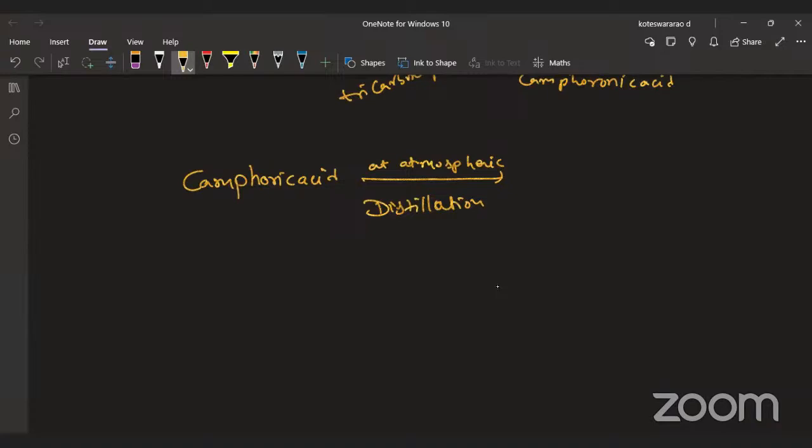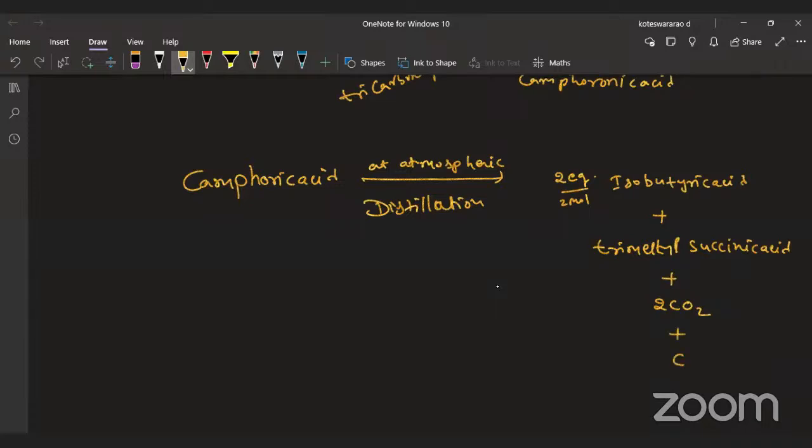In that mixture are two molecules of isobutyric acid, along with trimethyl succinic acid, two molecules of carbon dioxide, and one equivalent of elemental carbon.